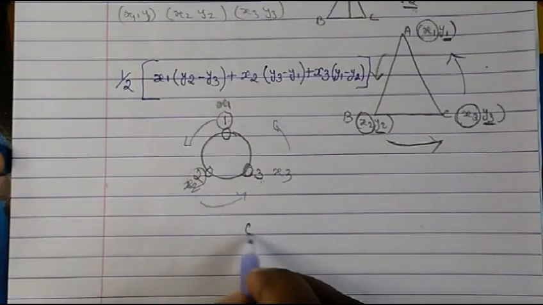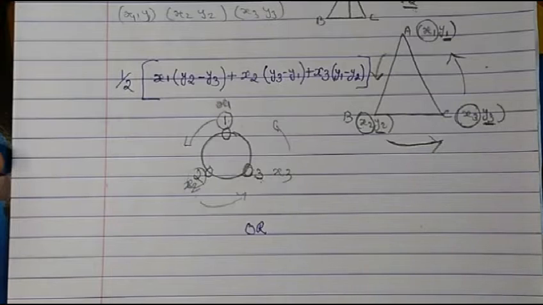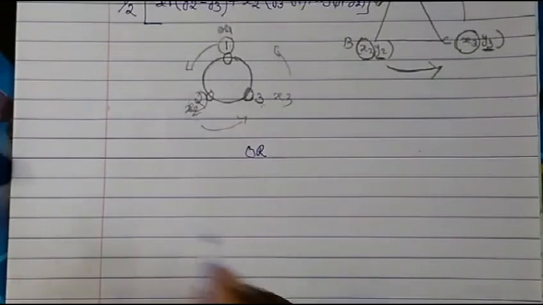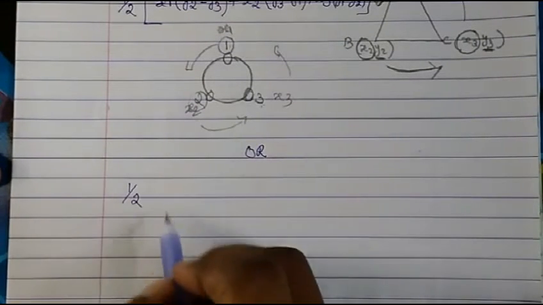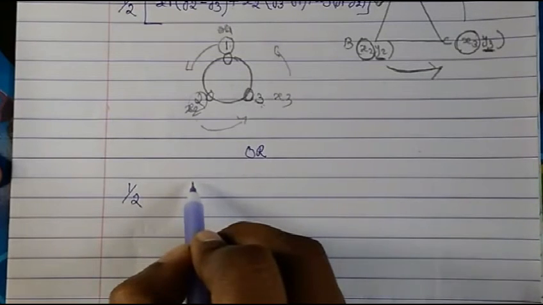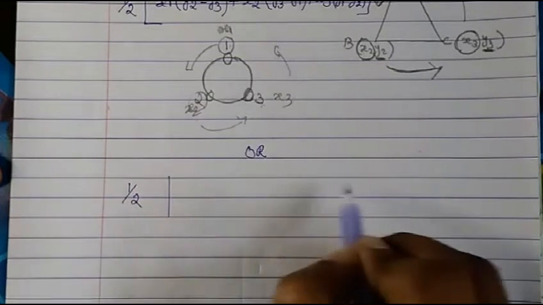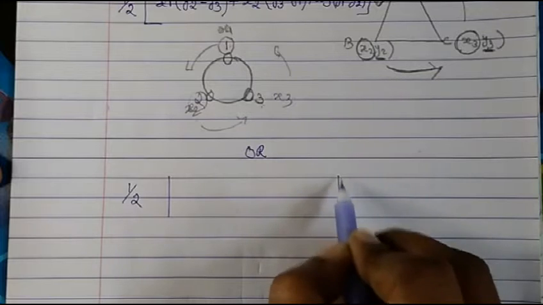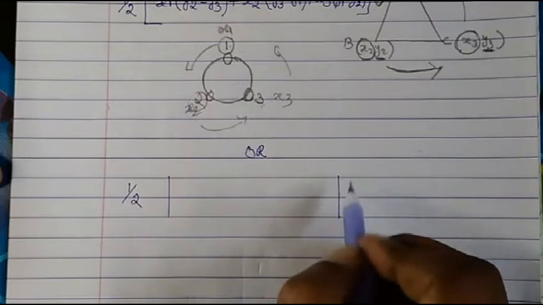Now one more method of remembering the formula is, you can write down half and the modulus. I'll tell you the reason for it.